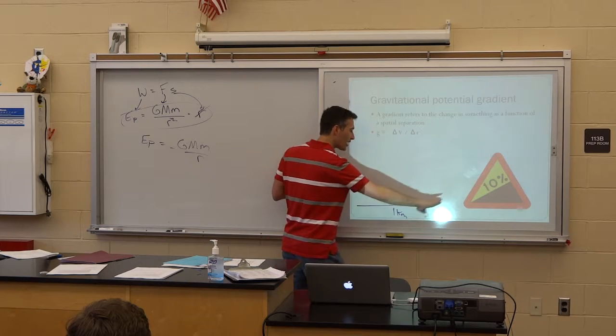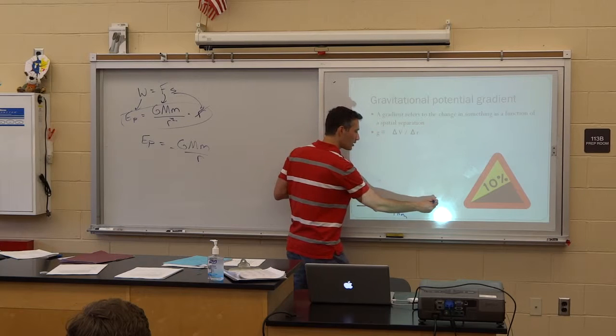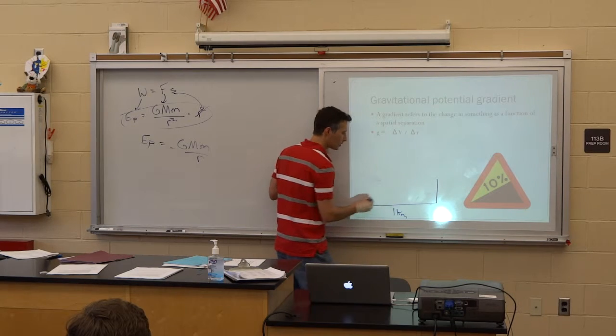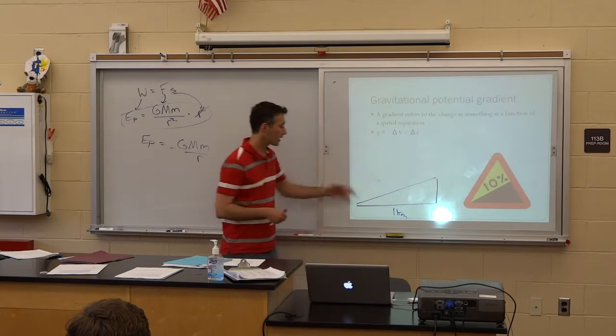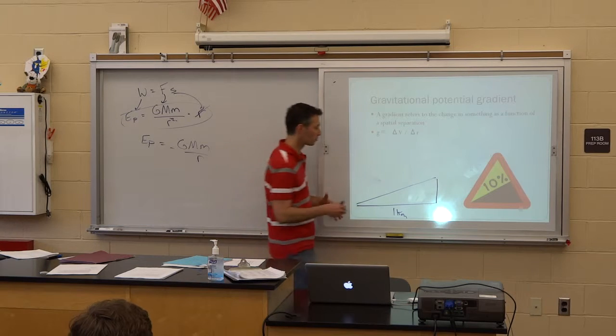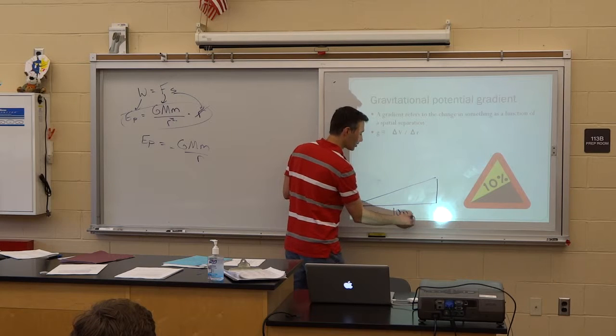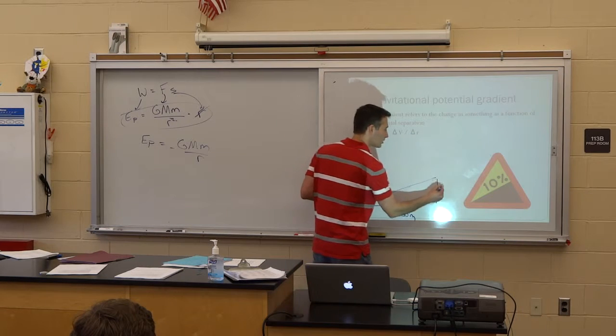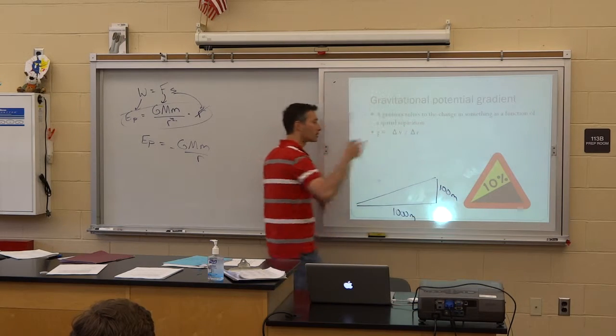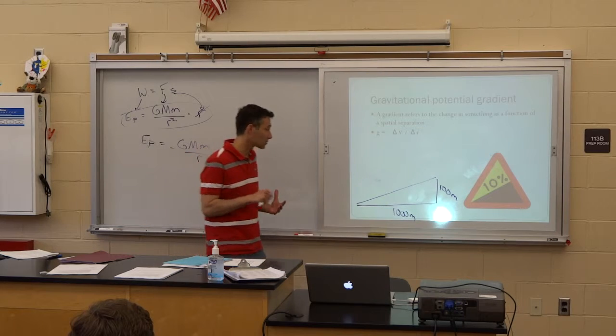While we're traveling that distance, we're going to go up a tenth of that, 100 meters. Instead of saying kilometers, I should say 1,000 meters: if we're going horizontally 1,000 meters, we're going up 100 meters. That's what a 10% grade means.